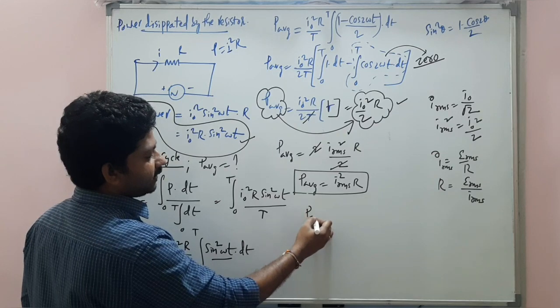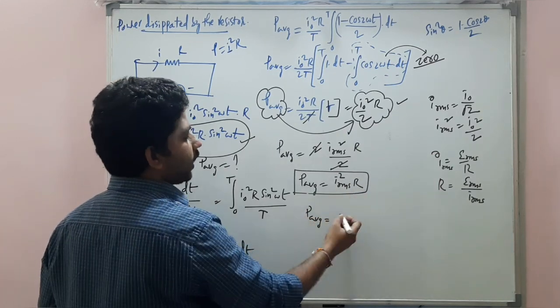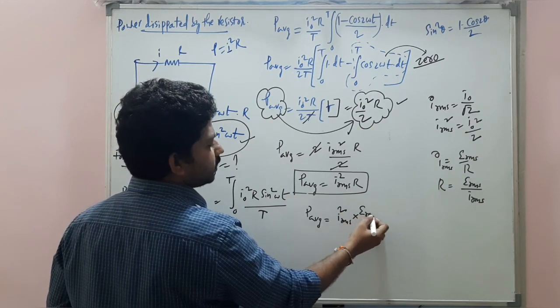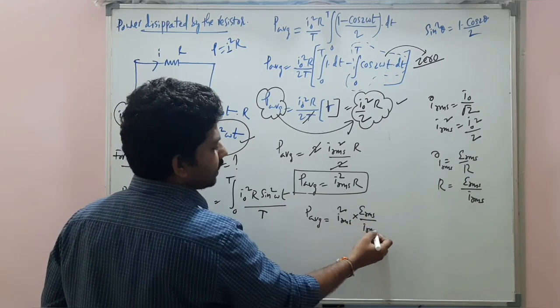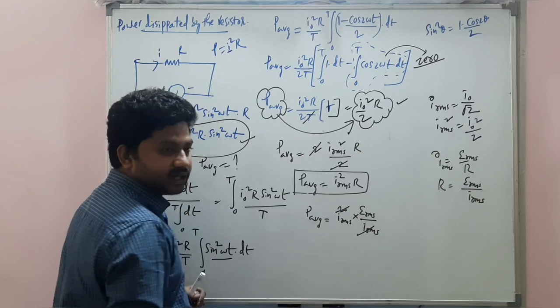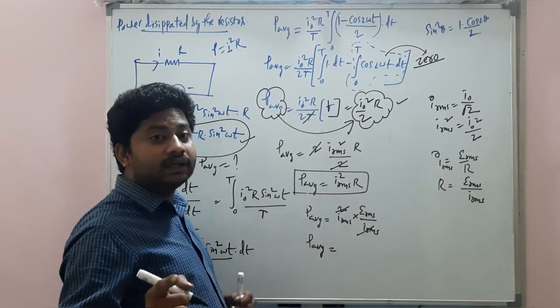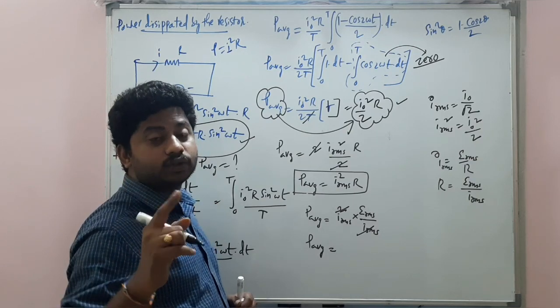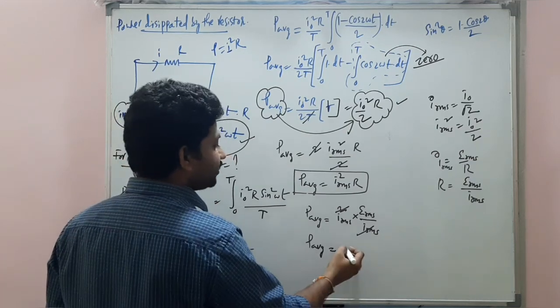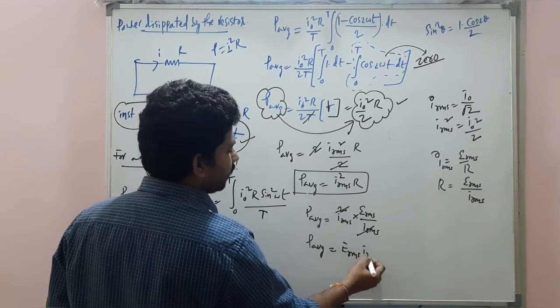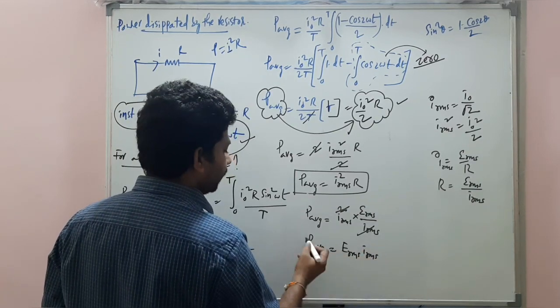So P average is equal to IRMS square into R, R is ERMS by IRMS. IRMS cancels here. So the average power consumed in a resistive circuit is equal to ERMS into IRMS. Okay.